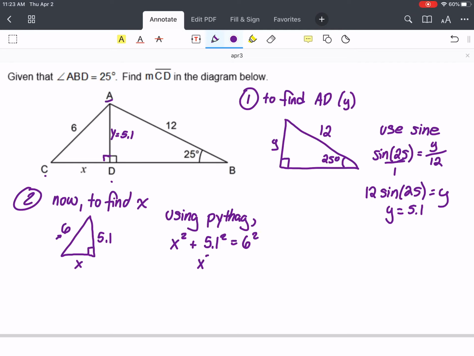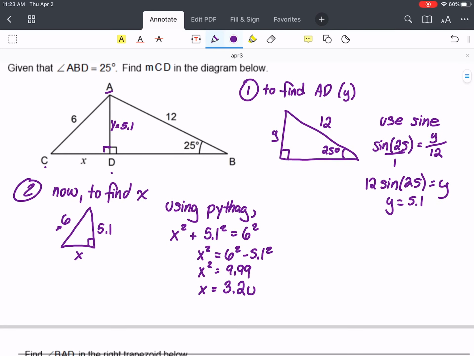If we solve for x, we get that x squared is 6 squared minus 5.1 squared. X squared is about 9.99, in fact. Take the square root, x is about 3.2 units. So that's the first example.